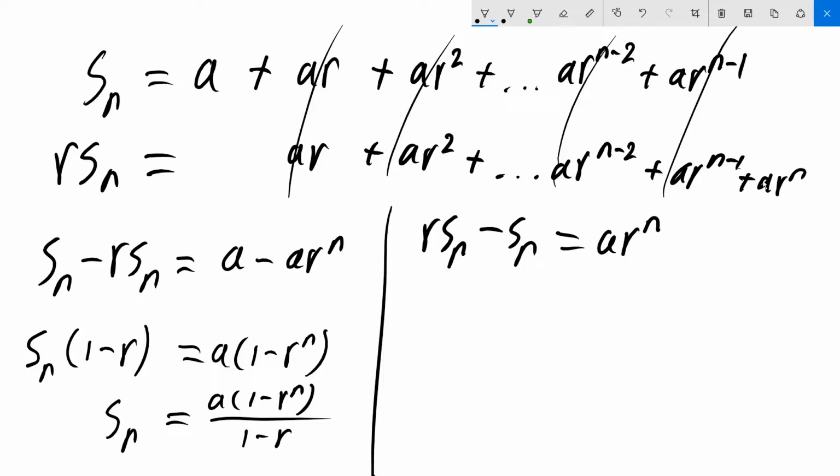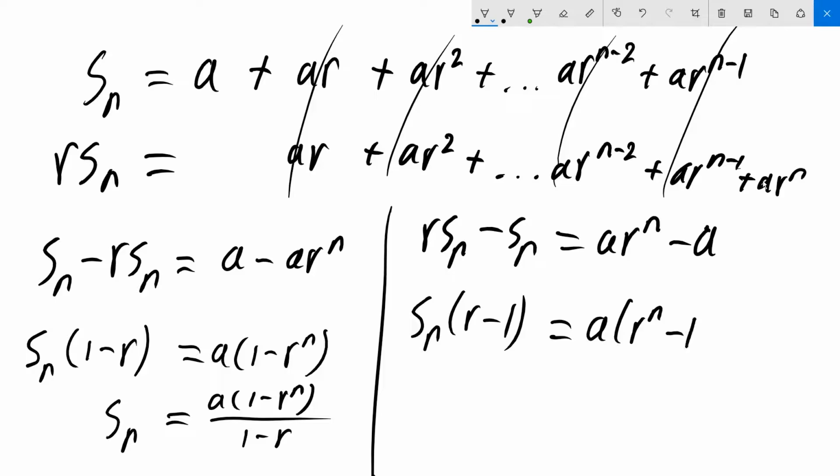So we get ar to the n minus a. Now we factor out our series again and get r minus 1, and we factor out a again and get r to the n minus 1, and now we divide both sides again, and we get Sn equals a lots of r to the n minus 1, divided by r minus 1.